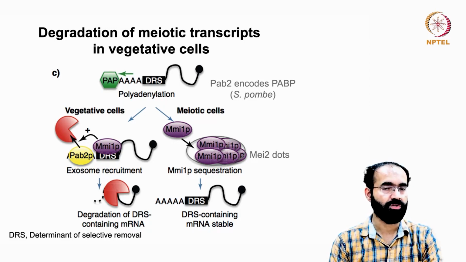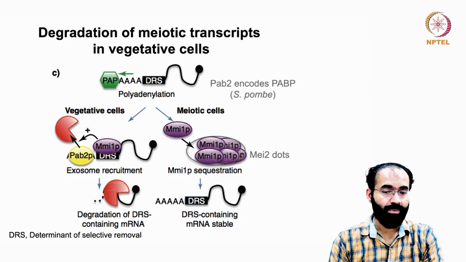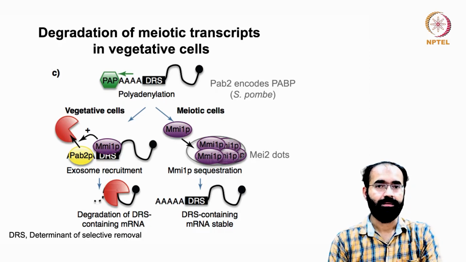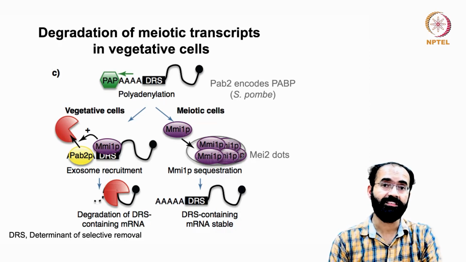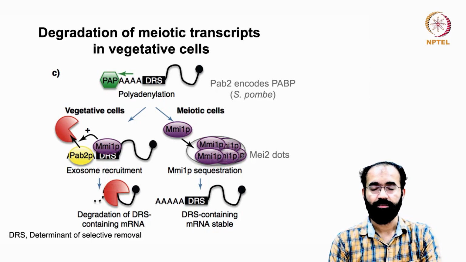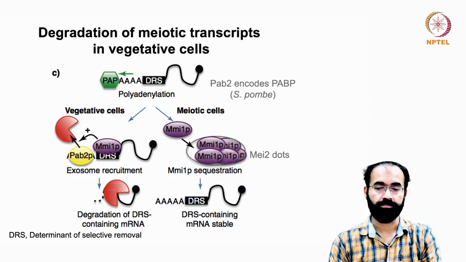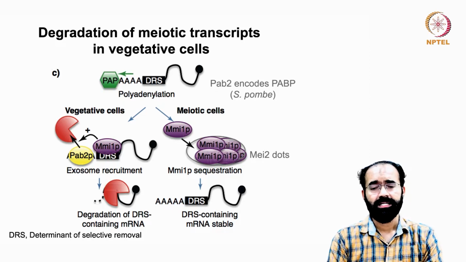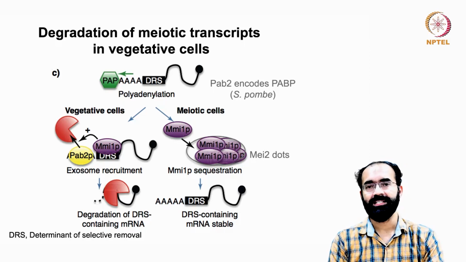So, this is what you should keep in mind. The idea of MMI protein being present freely or being present but not available freely decides whether a bunch of DRS containing RNA should be expressed or should not be expressed. So, I was telling that a similar situation happens.